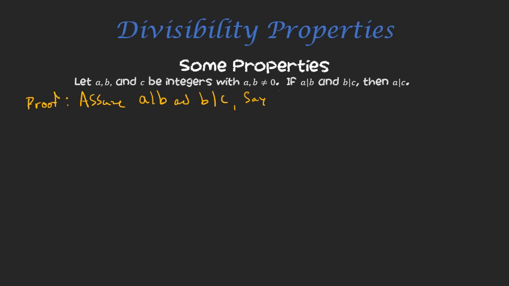So then b is equal to a times x for some integer x, and c equals b times y. So here x and y are integers. And I'd like to make a statement. I'd like to write c as a times some other integer.